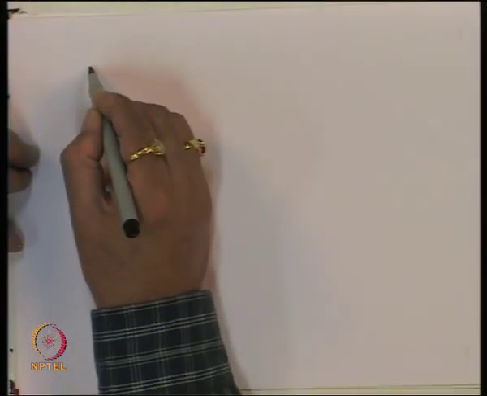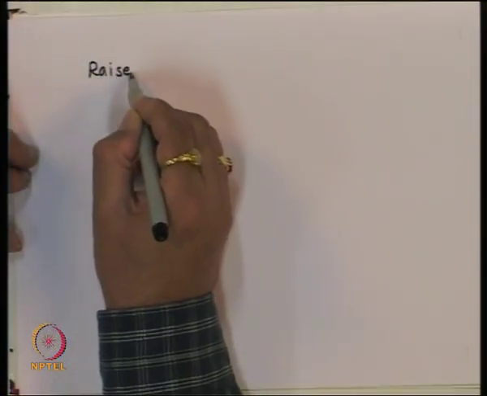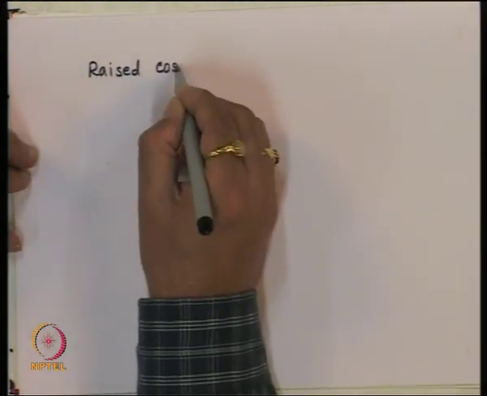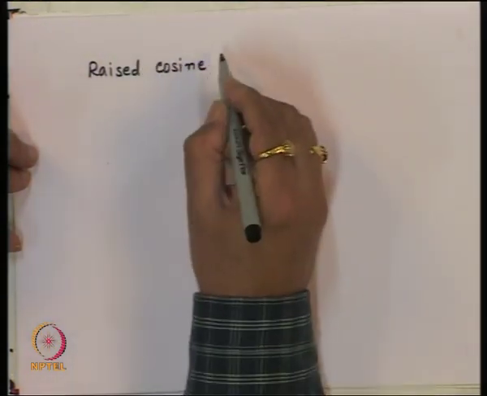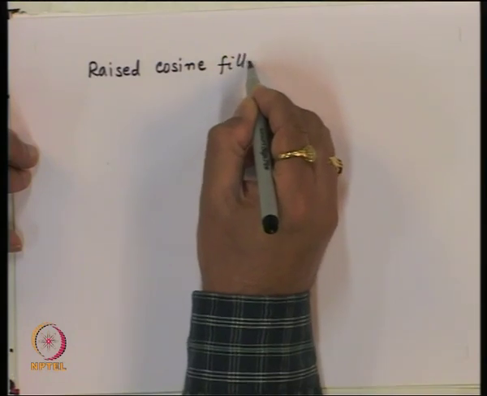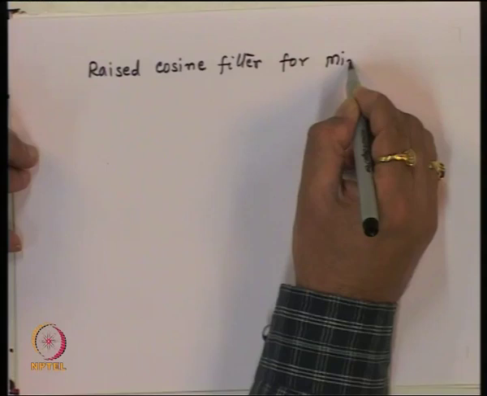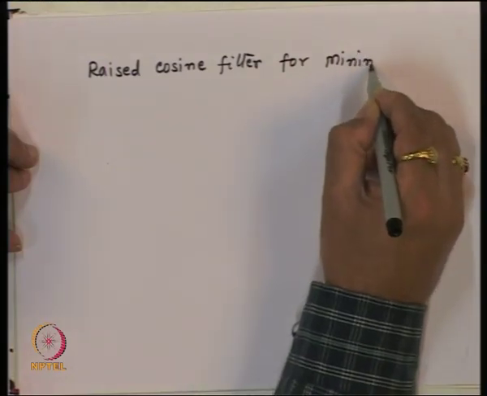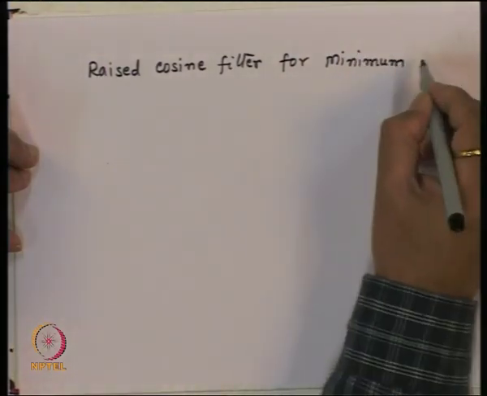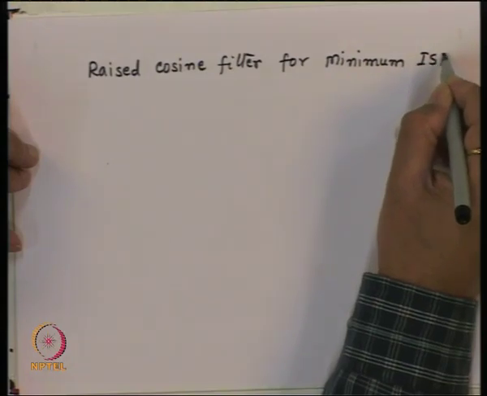So, we get now the raised cosine filter for minimum intersymbol interference, ISI.